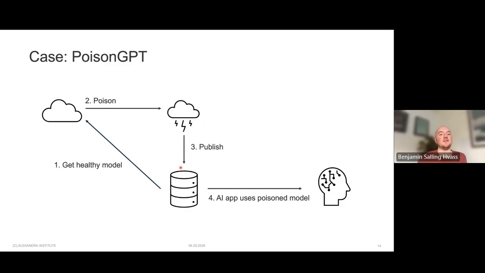And then they published this under a plausible name, like say, this is just a new version of this old model. And then applications would use this poisoned model, and then their users would be affected by this exploit.